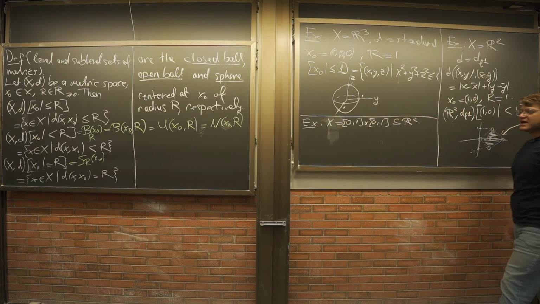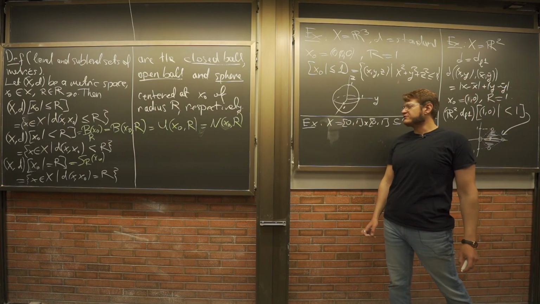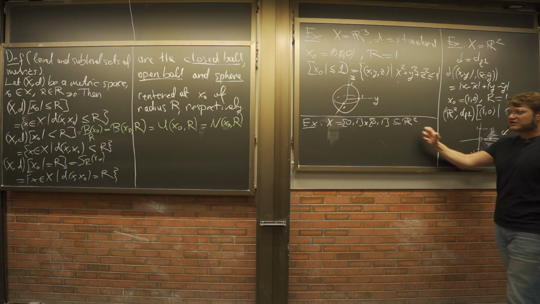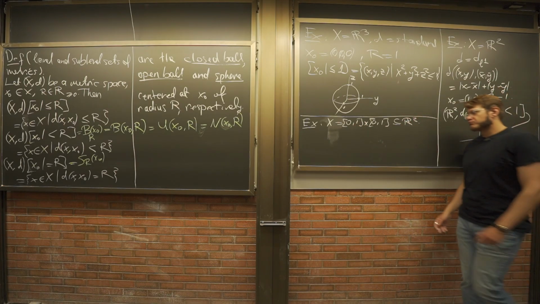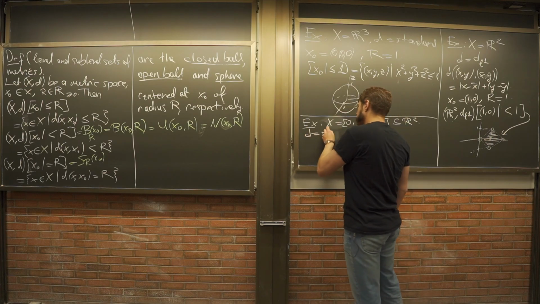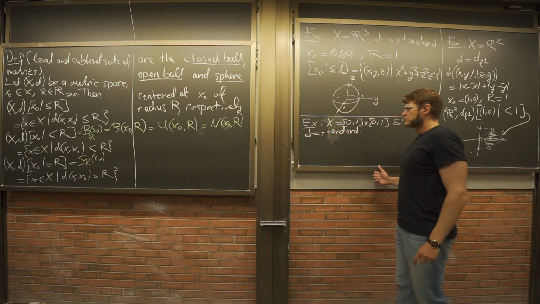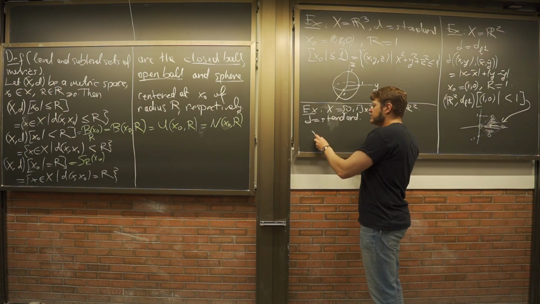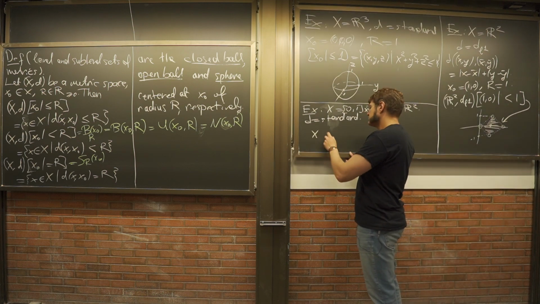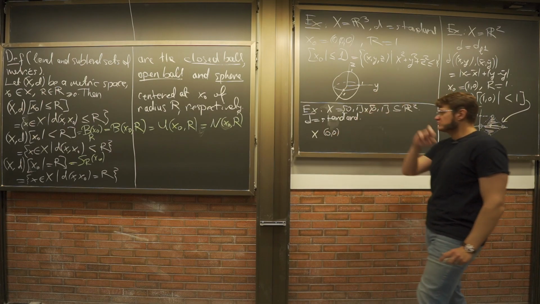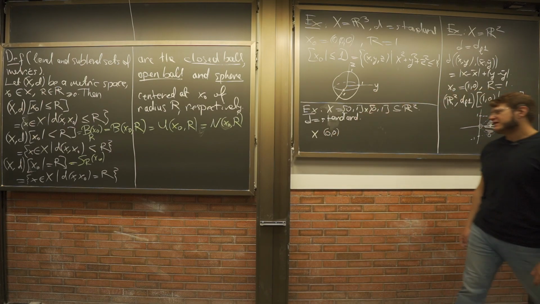So I'm thinking of this as a metric subspace. And the metric I'm going to use is the standard metric. And again, I want to think of x, let's say at the origin. So 0, 0 is included here. Of radius, let's say 1/2.